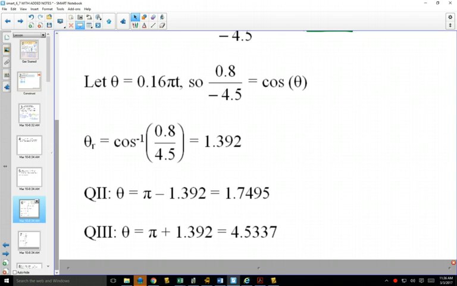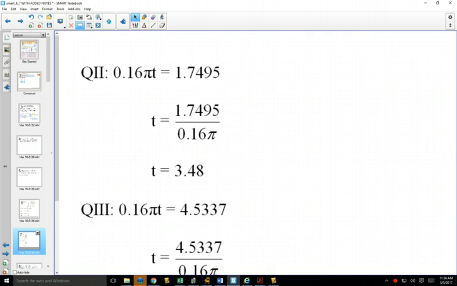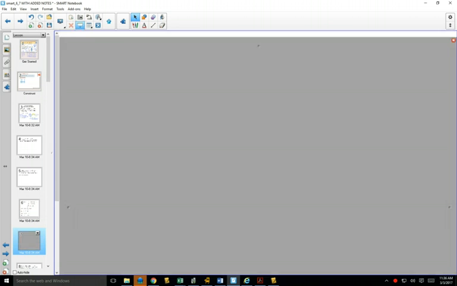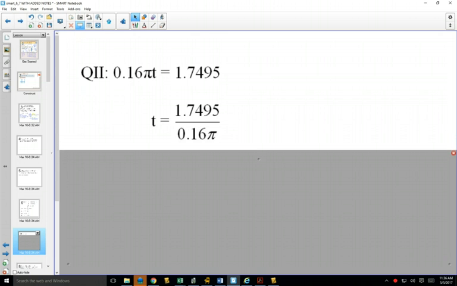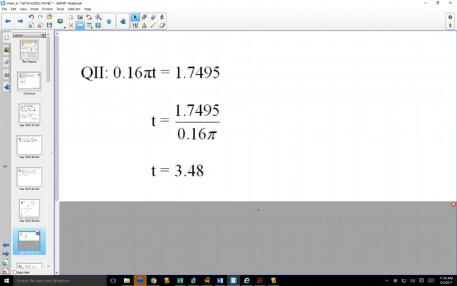And once you solve for theta, then you can substitute back, because remember, we made theta equal to 0.016 pi times t. Now you could substitute back, and then you have an equation where you want to solve for t, dividing by 0.016 pi, and it matches up with that 3.48 that we found a lot quicker, I think, with our graphing calculator than doing all of this algebra.